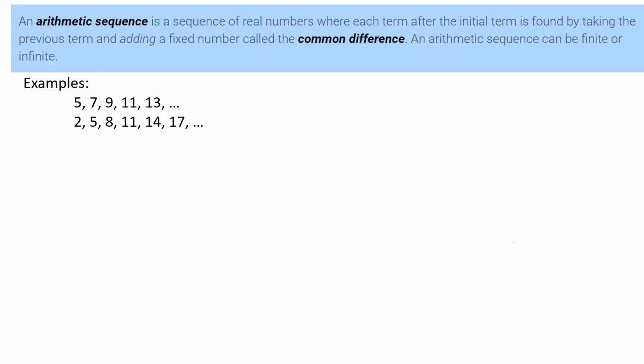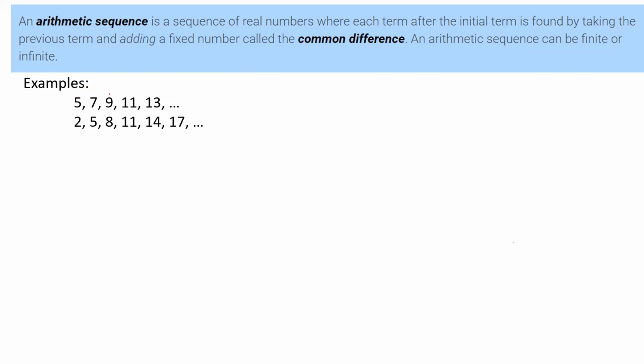Okay, now there's another kind of sequence called an arithmetic sequence. The difference here is we're still starting with an initial term, but instead of continuing to multiply by something, we're going to be adding a number. For this first one here, we start with a 5, and then we add 2 to get a 7.